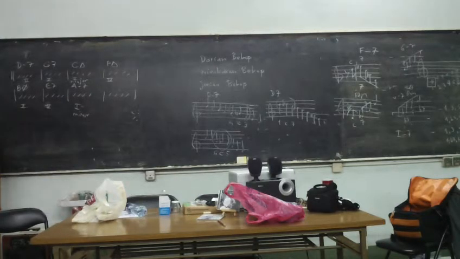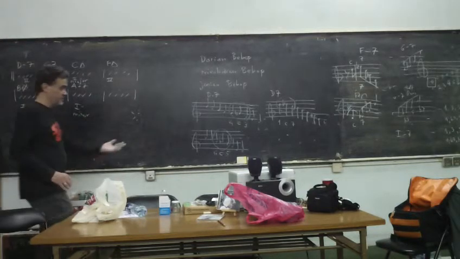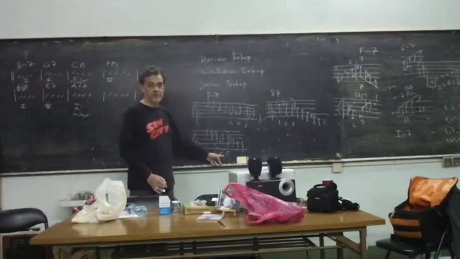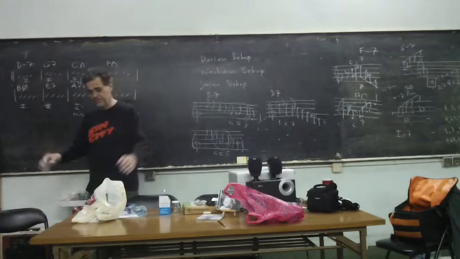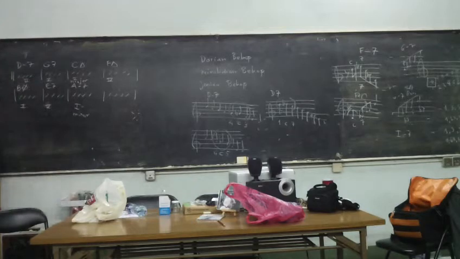The same for the other scales, for the Mixolydian, and the major is maybe the least important because it doesn't go to a really important note. The fifth is kind of a dual tone, but the third in the minor chord and the seventh in the dominant are very important.